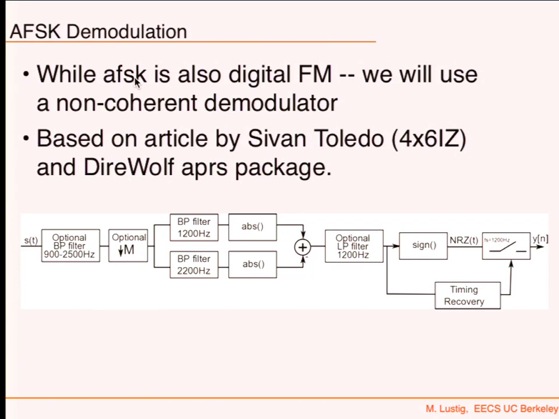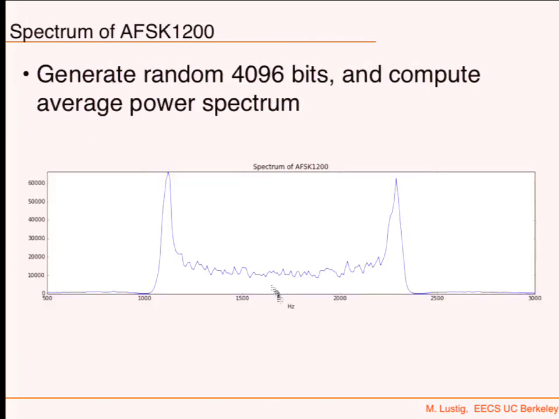There are many ways to demodulate, but let's say you did FM demodulation, and in the middle of the bandwidth you had a small interference. That would mess up the FM. If you had an interference here that was constant in the middle, it would just mess up the FM, because FM is a nonlinear demodulation and it would not work well. But the modem that we're going to implement is quite robust to this.